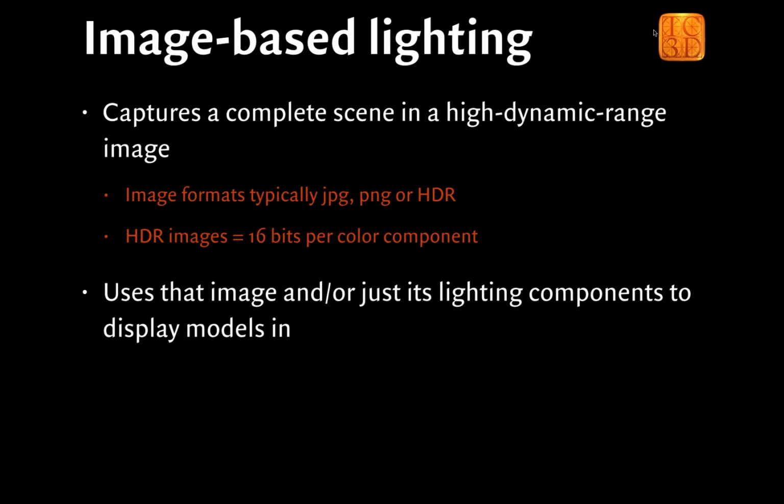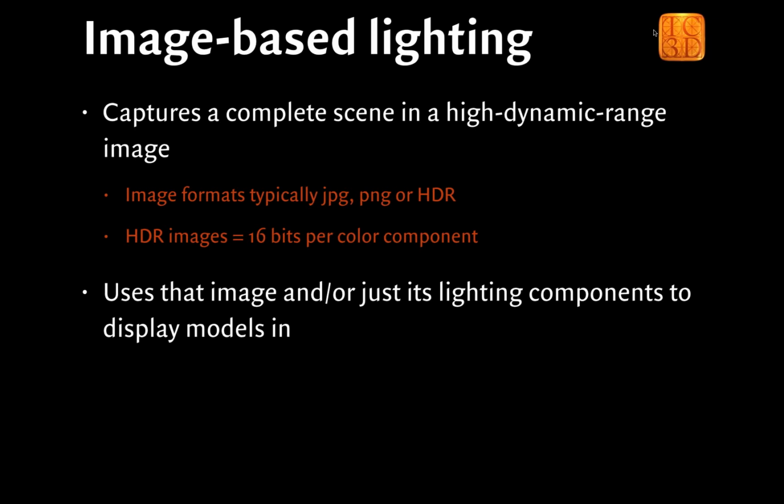Typically, it doesn't have to be, but typically it's in high dynamic range images. The image formats that are used are typically JPEG, PNG, or HDR, and that HDR stands for a high dynamic range image.